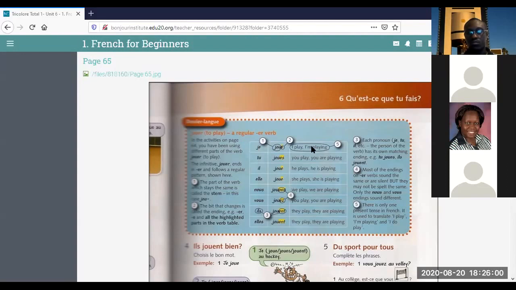Because the moment you drop the ER and you put an E, it becomes joue. So the first three will be joue. And for the last one, we had said earlier, we don't pronounce the NT, so it still has the same pronunciation. It's only nous and vous that will change. Otherwise, all the others will have the same pronunciation, the first three and the last one.